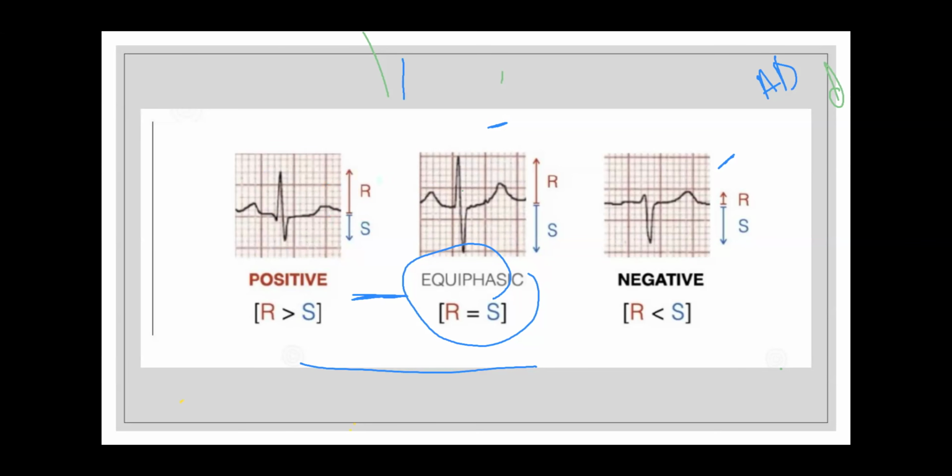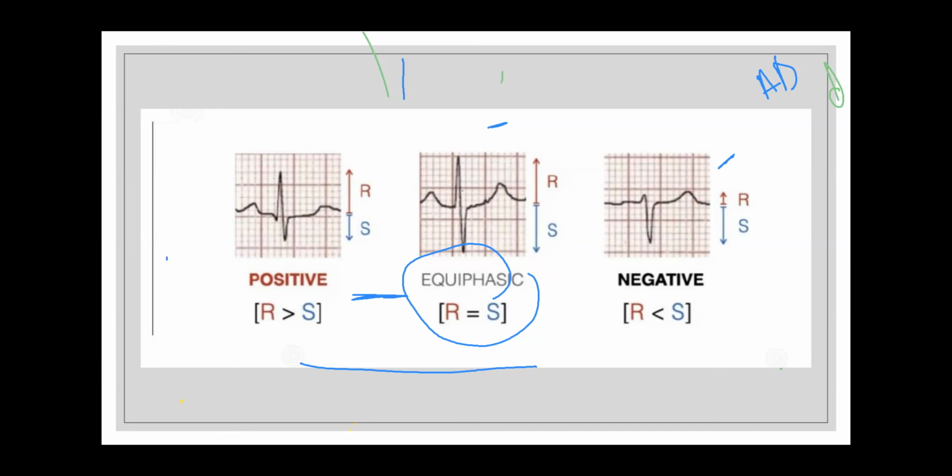It is the length of the R and the S which will tell you. If the R wave is larger than the S wave, meaning more positivity compared to negativity, overall you take this lead as positive.